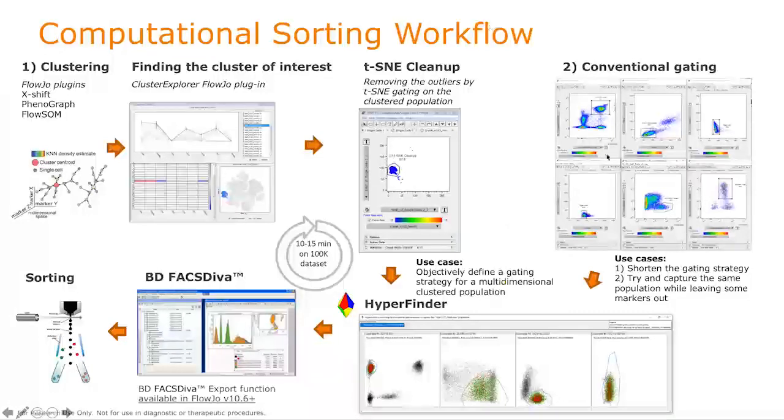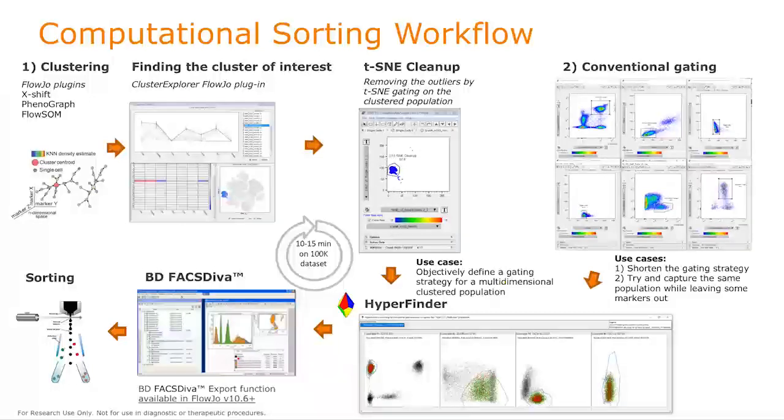You can also use Hyperfinder just to see if there's an alternative path to getting the events that you currently sort, right? You could maybe drop a few parameters or get your sort to a higher purity or yield by considering gating on bivariate plots that you would have never considered in your own manual approach.